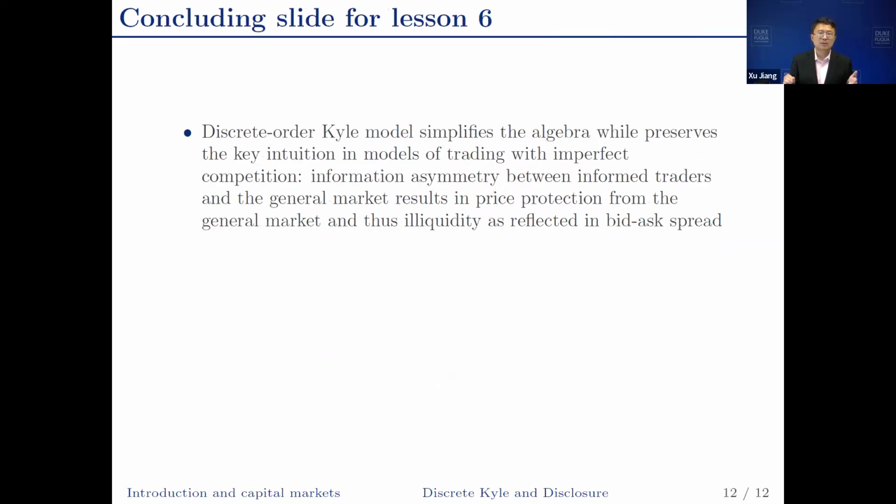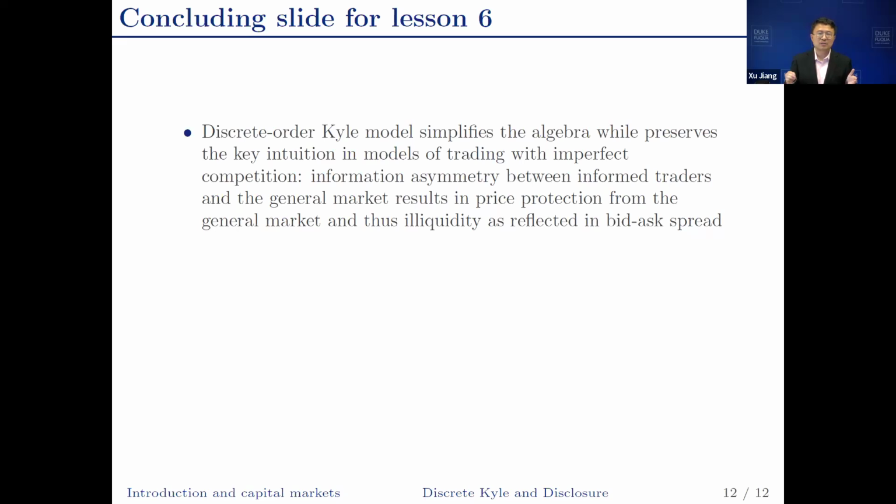So to conclude, the discrete-order Kyle model simplifies the algebra, allowing us to add more ingredients in the future, but it preserves the key intuition in models of trading with imperfect competition. Informed traders and the market maker have different information. Informed traders know more.